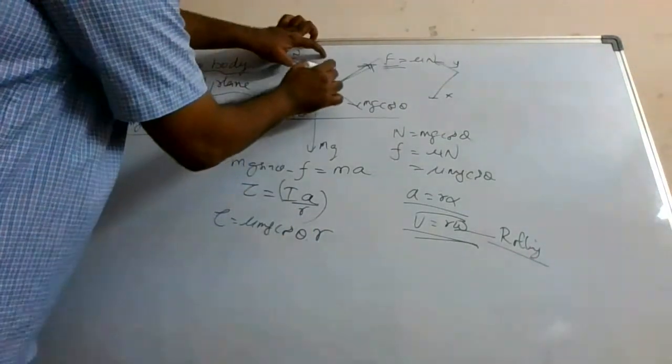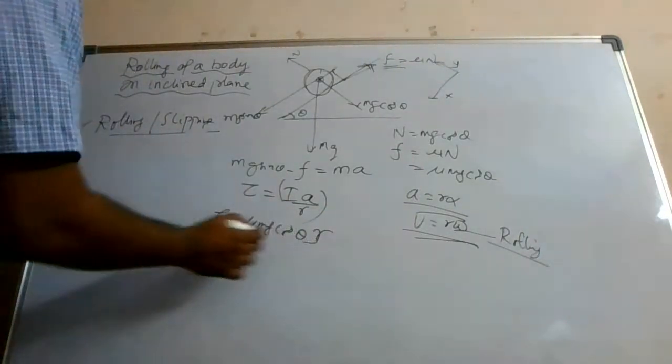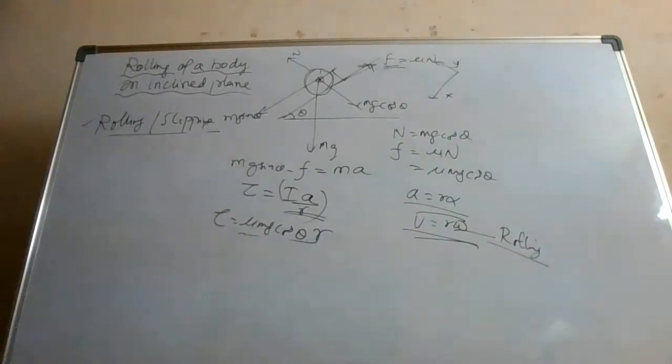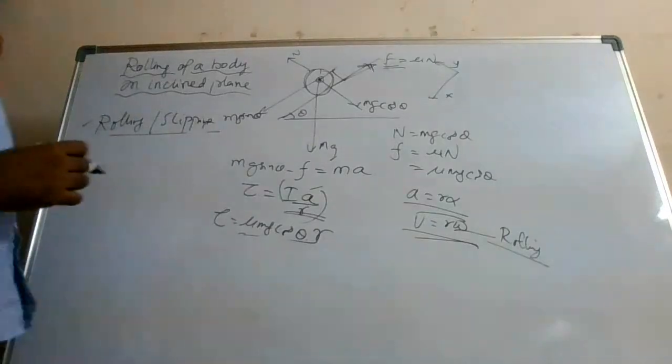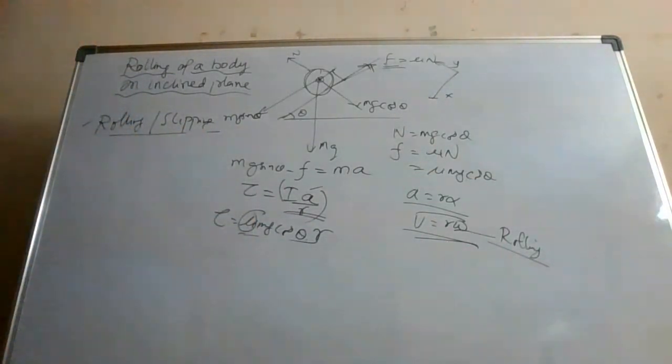So this is the distance you have to take, about the center it is going to rotate. Okay, so this is one expression we got, this is another expression we got. So using this we can calculate the unknown acceleration, we can fix the value of mu depending upon the conditions.